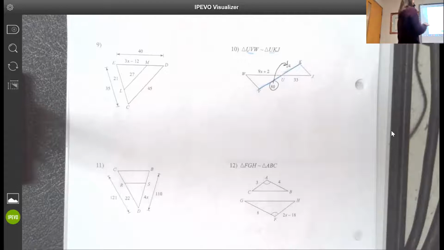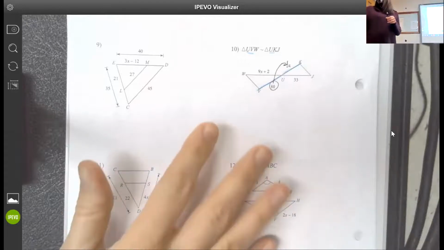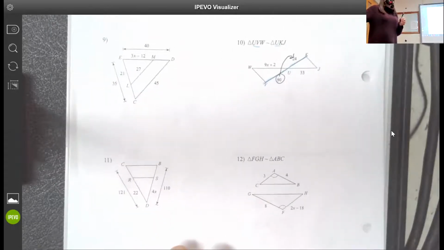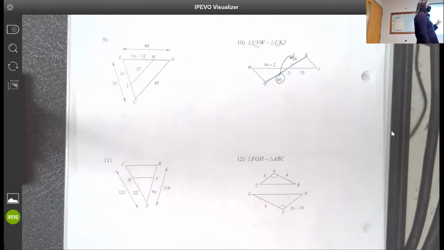On 10 or on any of these, you'll notice 7, 8, 10, and 12 from that homework gave us a similarity statement. Just like when we have congruent triangles, which we wrote in the last unit, the assessment we took before break, the order mattered, right? So we had to match up sides and angles perfectly. Same when we have a similarity statement.